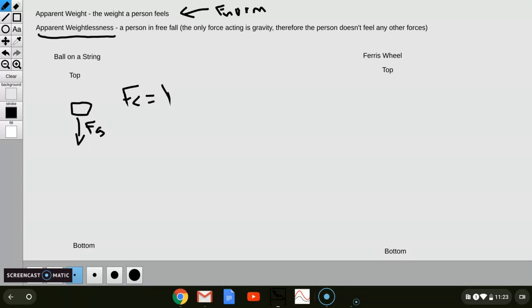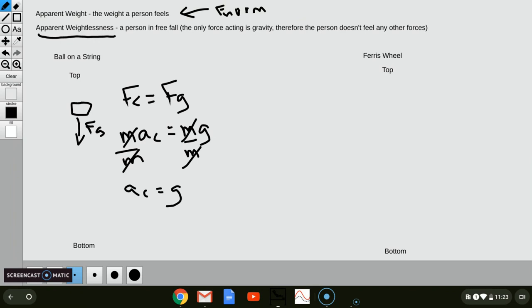In this case, the centripetal force is equal to the force of gravity. We also know that the centripetal force is the mass times the centripetal acceleration, and the force of gravity is mass times gravity, which turns into a nice massless problem because my masses cancel. And so the centripetal acceleration equals gravity.